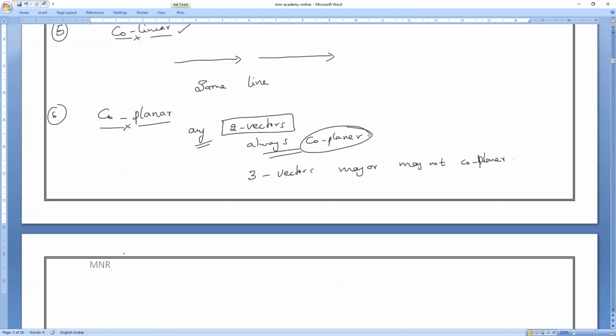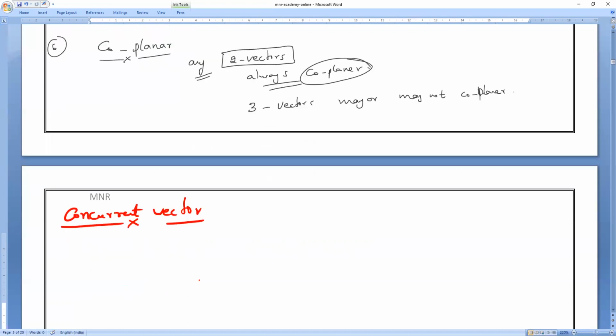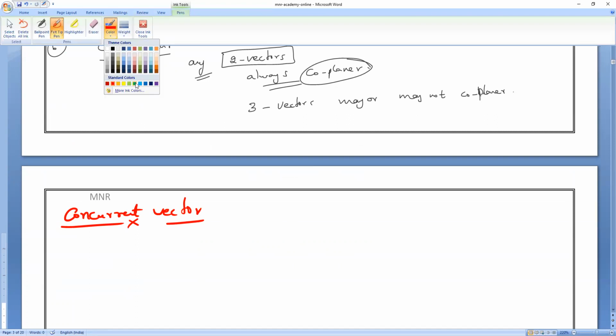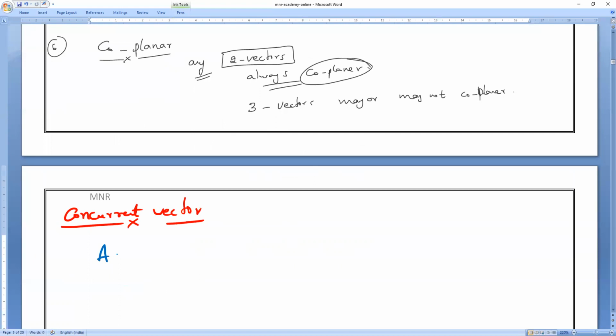Next, concurrent vectors. If vectors are acting at the same point, we call them concurrent vectors.